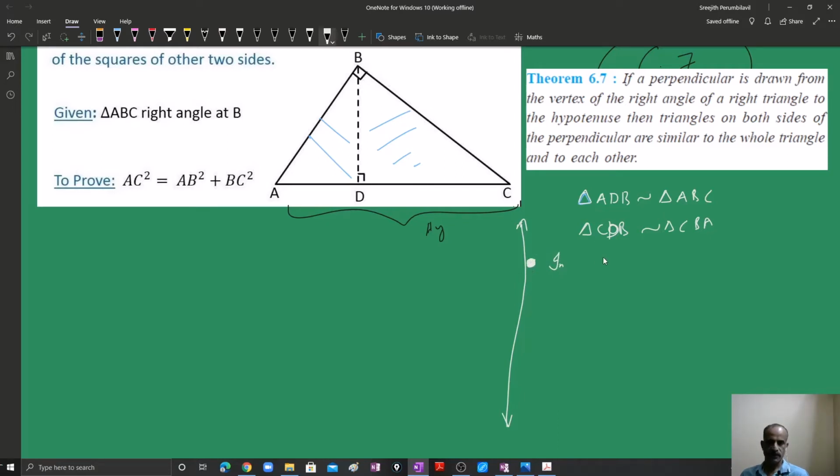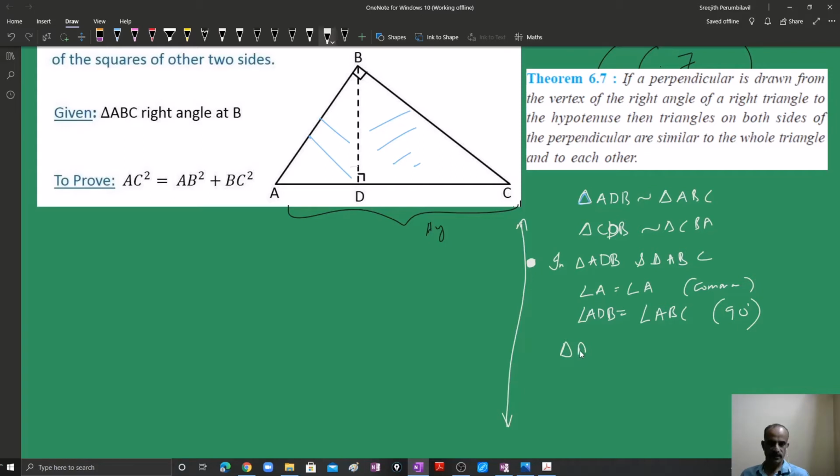in triangle ADB and triangle ABC, angle A is equal to angle A, common. Angle ADB is a right angle, equal to angle ABC, both of them 90 degrees.